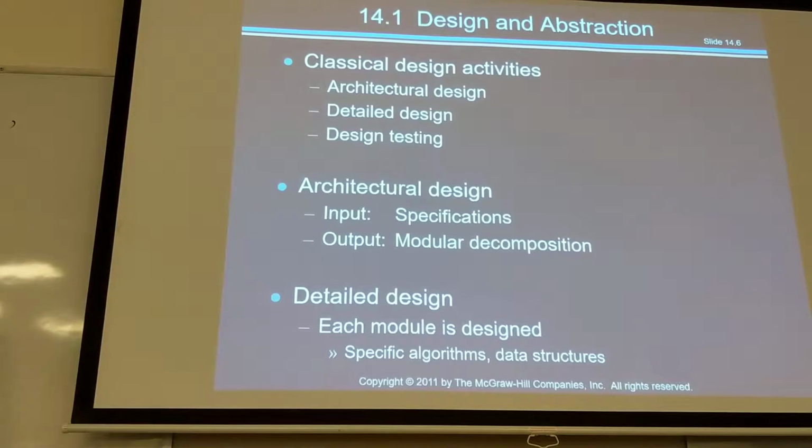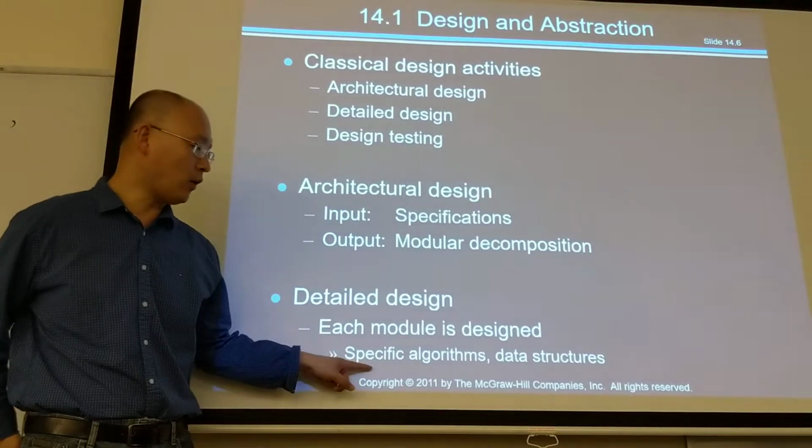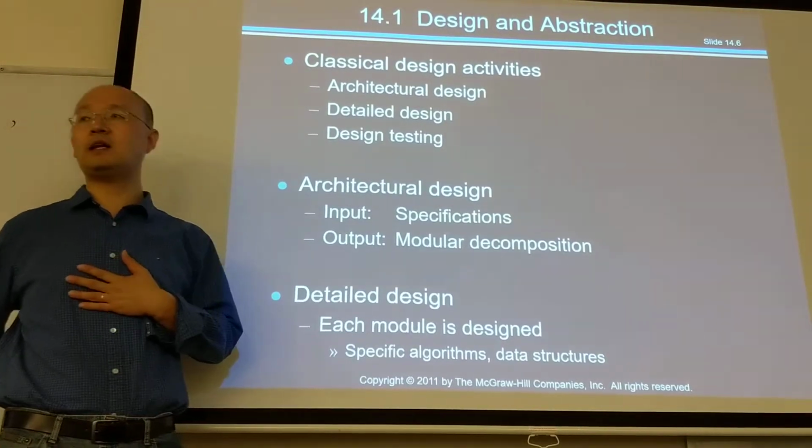That is essentially the second half of our class, which is having you implement a class. In the first part of our class, we talk about how we partition. The second part is actually how we do it, how we do a module. That's how it's structured. In that case, you specify the algorithm and the data structure.